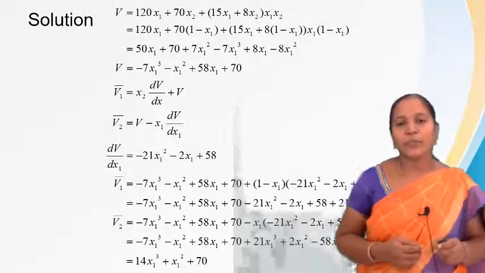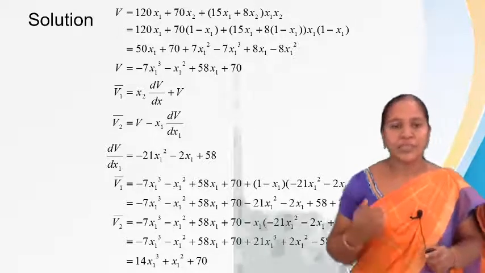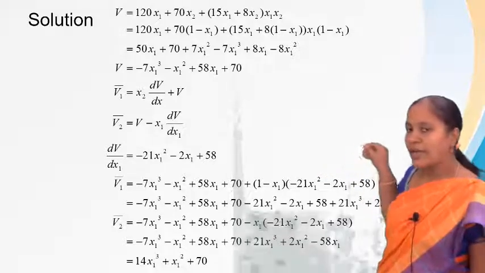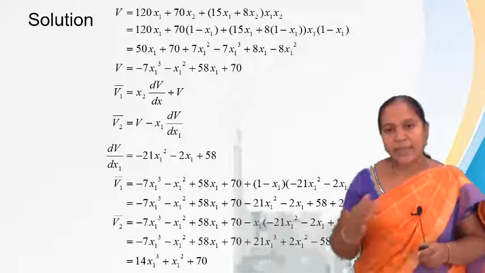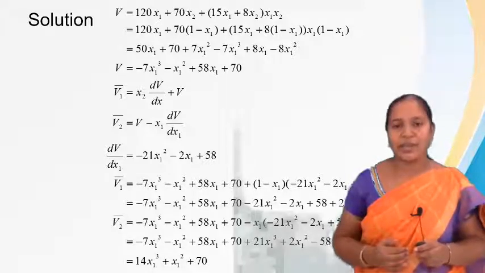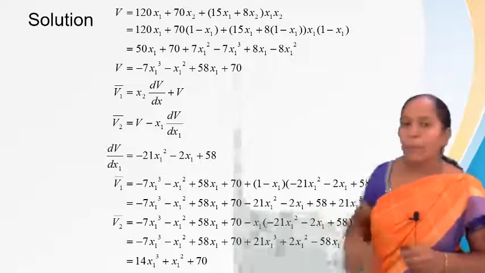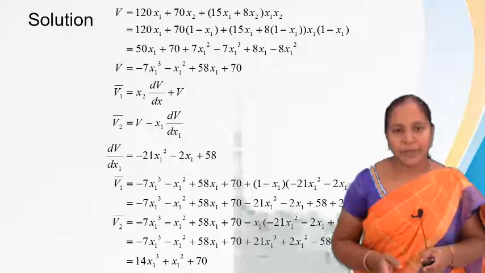Similarly, V2 bar is equal to minus 7x1 cube minus x1 square plus 58x1 plus 70 minus x1 into (minus 21x1 square minus 2x1 plus 58). After simplification, V2 bar is equal to minus 14x1 cube plus x1 square plus 70.